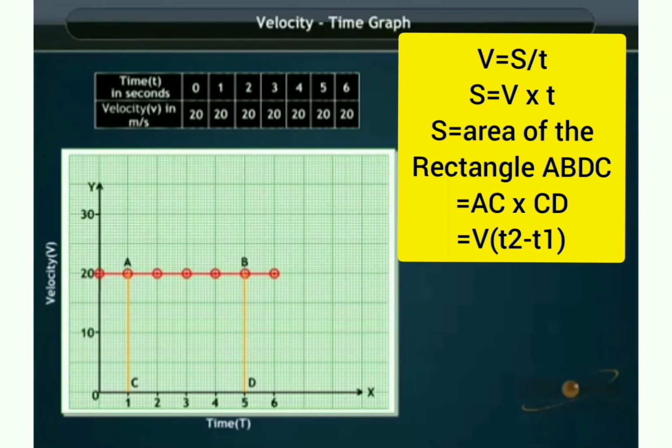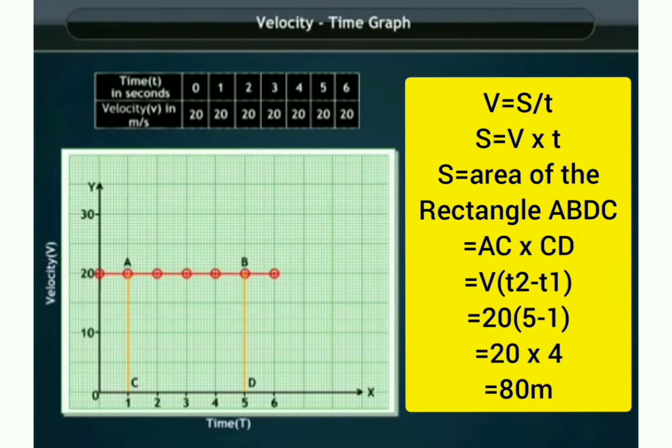For a uniform motion along a straight line, the magnitude of displacement or distance covered by an object is given by the area under the velocity time graph for the specified period of time. From the graph, we get v equal to 20 meter per second, t1 equal to 1 second and t2 equal to 5 seconds.